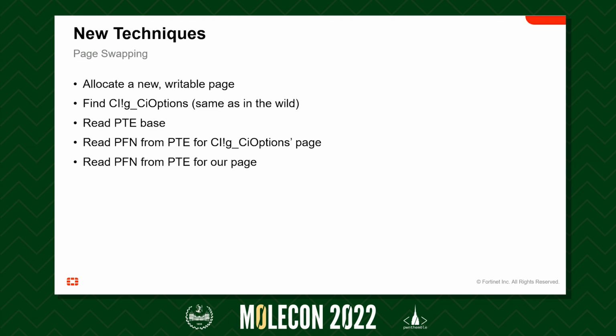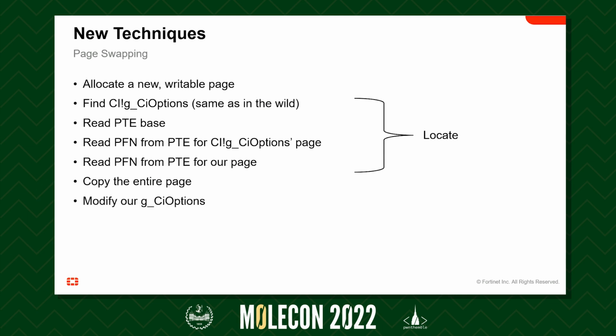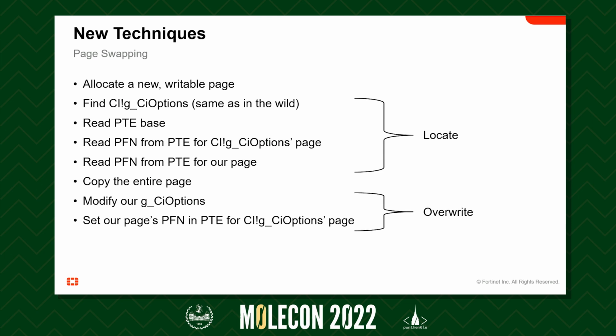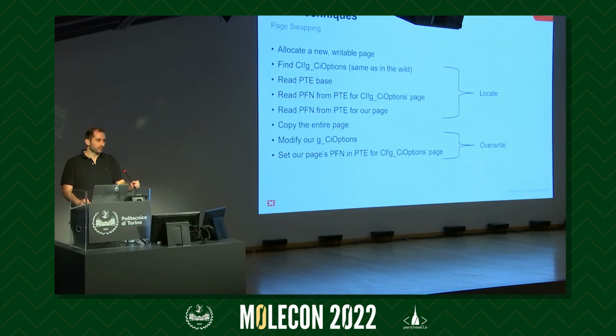Then we need to find the PFN of the page that we allocated at the start, and copy its entire content and modify the value for the flag. Change the PTE for the original CI options page, load the driver, and restore the PTE.